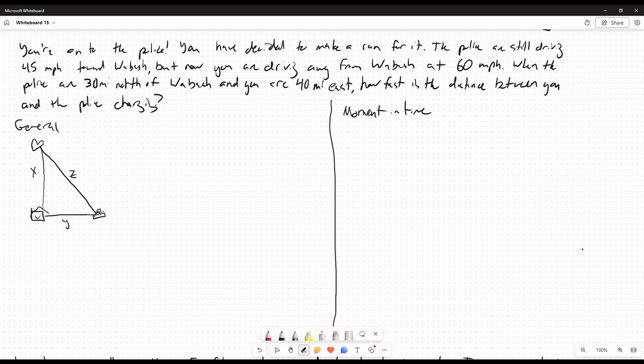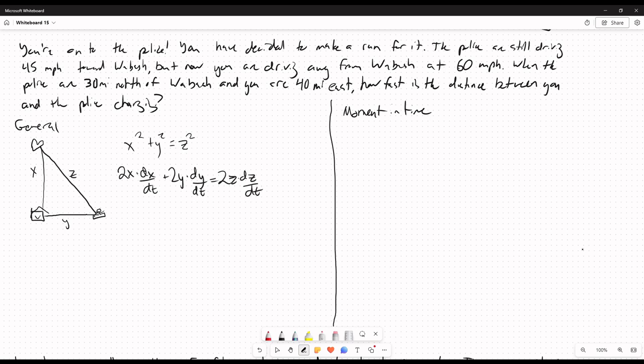So we're going to have an equation relating these given by x squared plus y squared equals z squared. And to get an equation relating the rates of change, I'll use implicit differentiation to take the derivative. We'll get 2x times dx/dt plus 2y times dy/dt equals 2z times dz/dt.